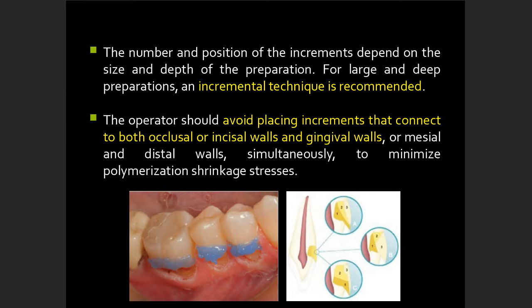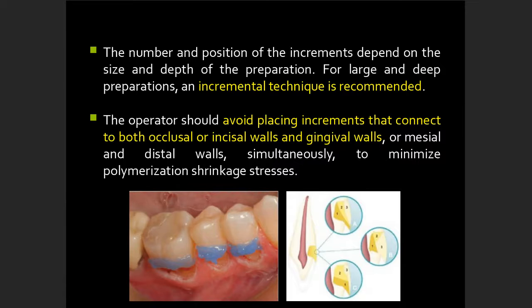The operator should avoid placing the increments that connect to both the occlusal or incisal and the gingival walls, or the mesial and distal walls simultaneously, to minimize the polymerization shrinkage stresses. So this is important that we don't try to join the opposing walls with a single increment.